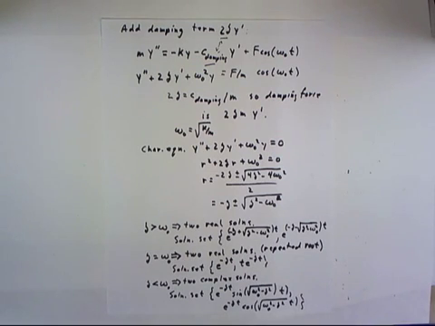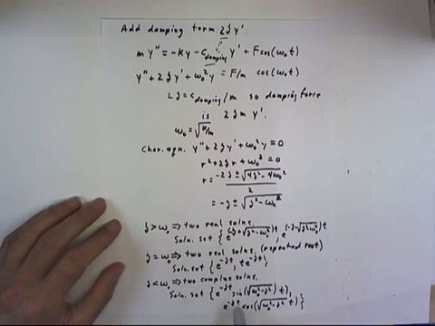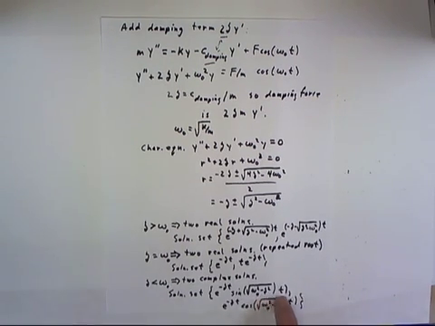The most interesting case is where we have the two complex solutions. So our solution set is going to be e to the negative delta t times the sine of the square root of omega naught squared minus delta squared times t.